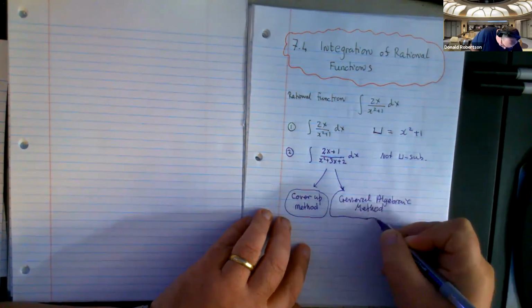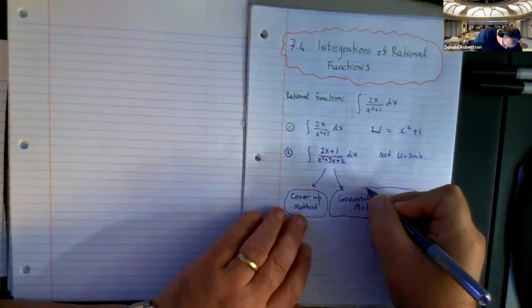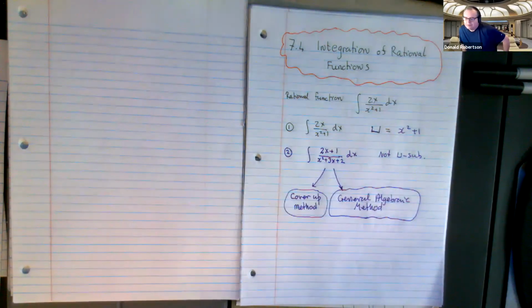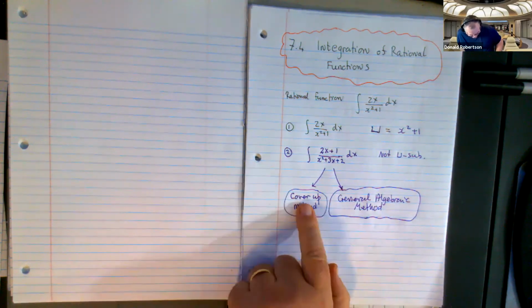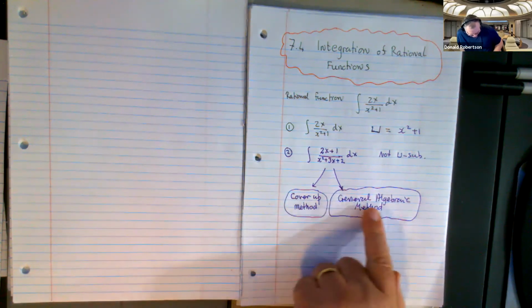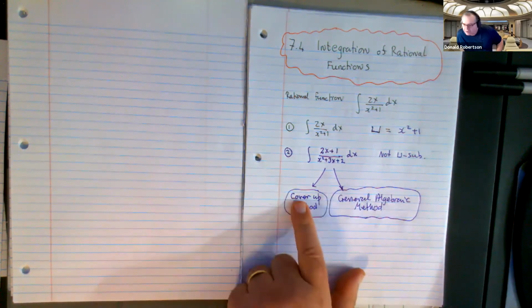Have any of you heard of either of those two terms, maybe at school, or if you've done Calc 2 before? Okay, so this is going to be new stuff for most of you. We're going to look at the cover-up method today. Tomorrow we'll look at the other one.